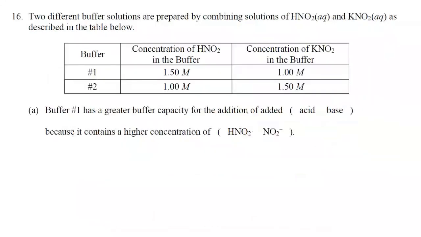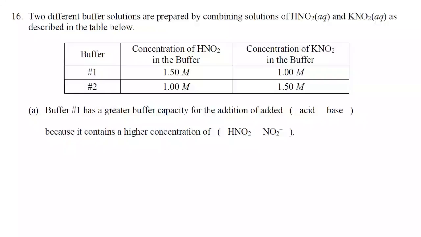All right, now let's take a look at question 16. This is the last question in the packet, and it says, 2 different buffer solutions are prepared by combining solutions of nitrous acid, HNO2, and potassium nitrite, KNO2, as described in the table below.